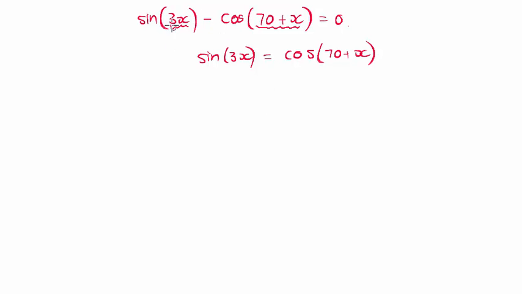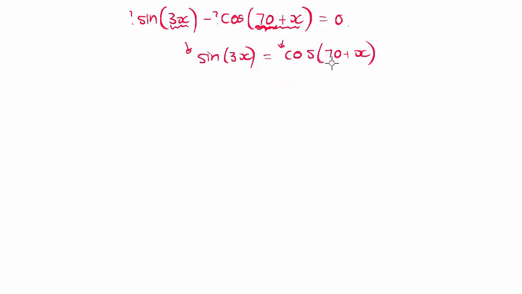Now if this was just sine of x, and if this 70 was maybe a special angle, then I could have maybe applied my double angle formulas. But the most important thing to know is that if in front of my ratios I can get the same coefficient, both of them have a 1 there, then it's likely that I'm going to use my co-ratios.